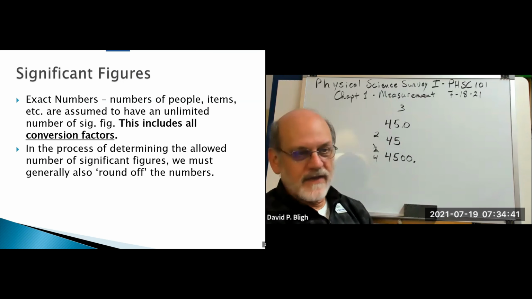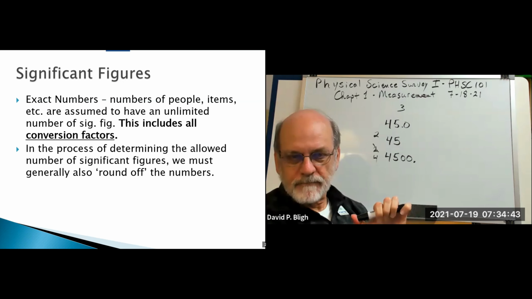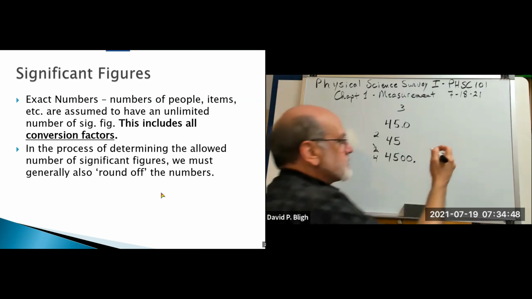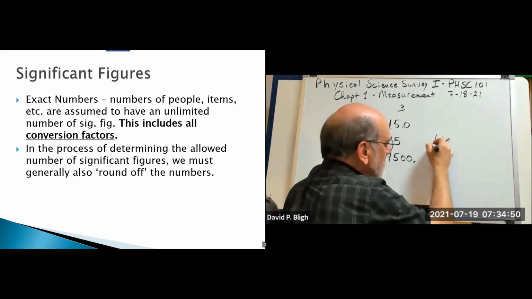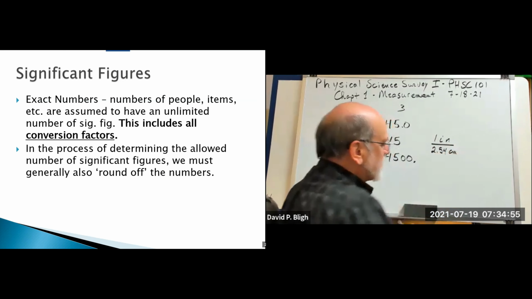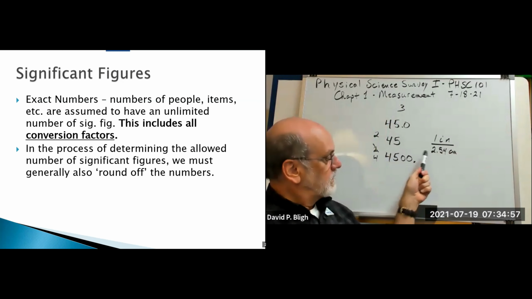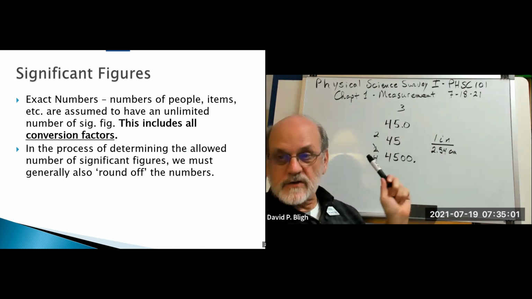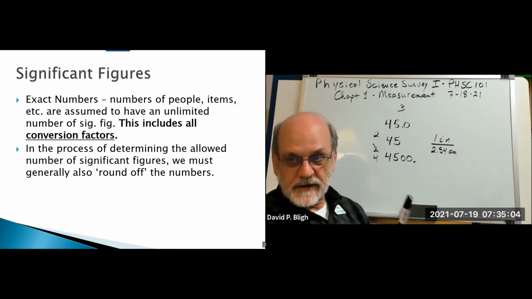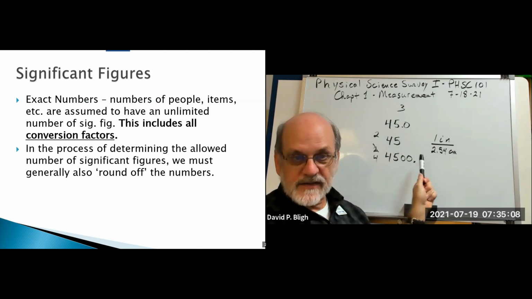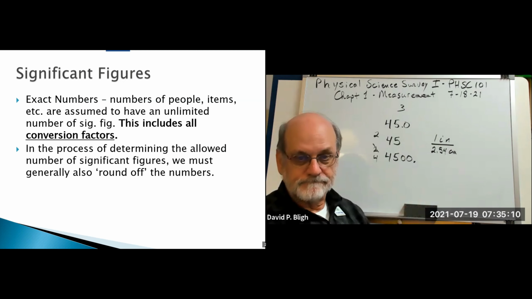You're only limited by the other numbers in the calculation. This is also true for conversion factors. So if I say the conversion factor 1 inch per 2.54 centimeters, that number, both the 1 inch and the 2.54 centimeters, have infinite significant figures. That's a conversion factor. It's automatically an exact number for our purposes of calculation.